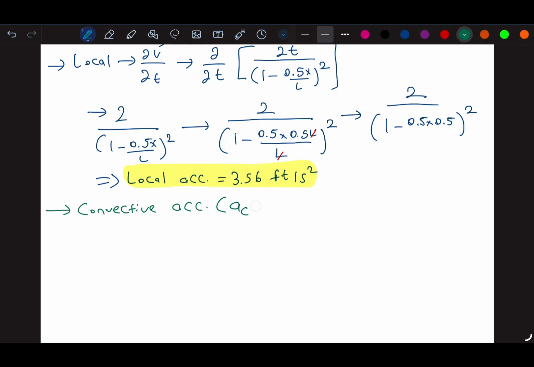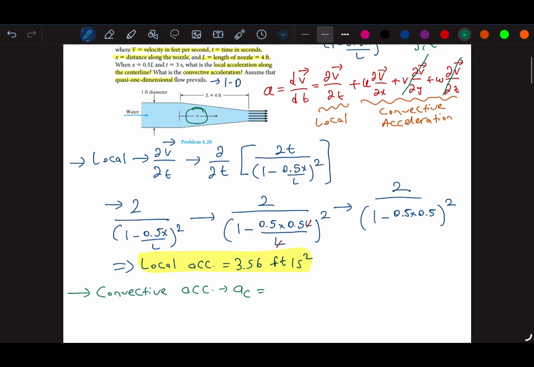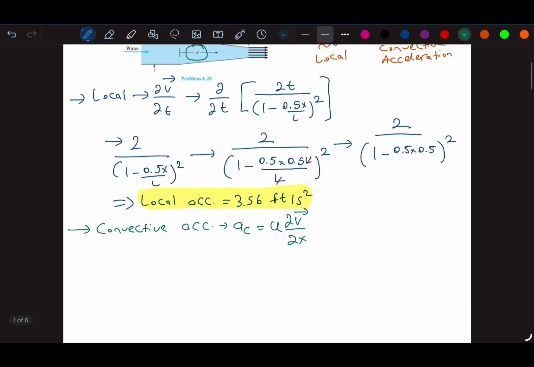So AC is equal to u partial v over partial x. And here, this u is actually the velocity term, and since we are only dealing with one direction, we can directly use it as v. So let me write v partial v over x.